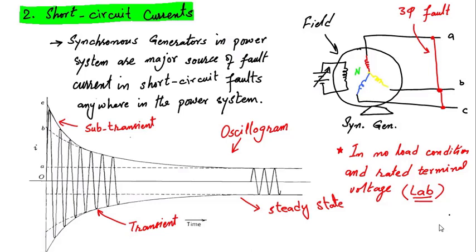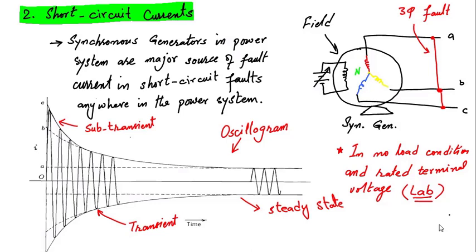So it means the short circuit current in a synchronous generator has three different sections or types: sub-transient, transient and steady state. Whenever a fault occurs in a power system, as the current is being supplied by the synchronous generator, initially very high current will flow, then this current will reduce to transient, and then we have a steady state fault current.